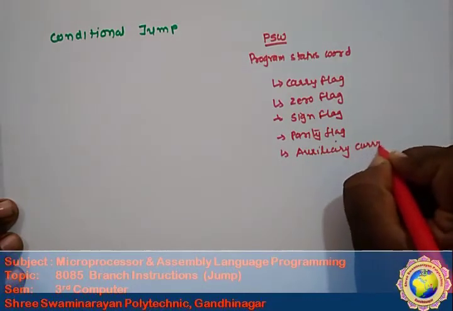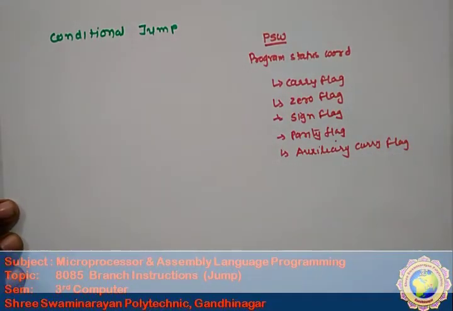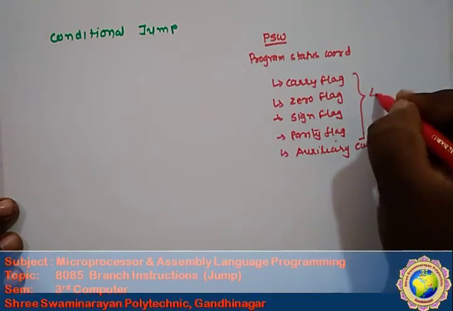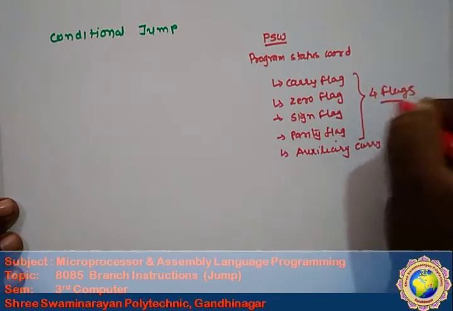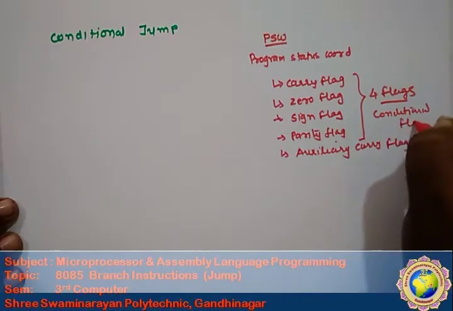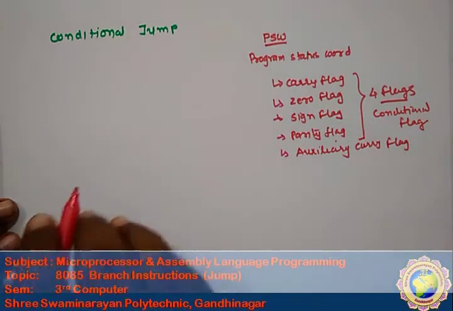These are the 5 flags in the PSW that you have already studied in unit number 1. Of these 5 flags, we are using 4 flags as conditions. These 4 flags are known as conditional flags.